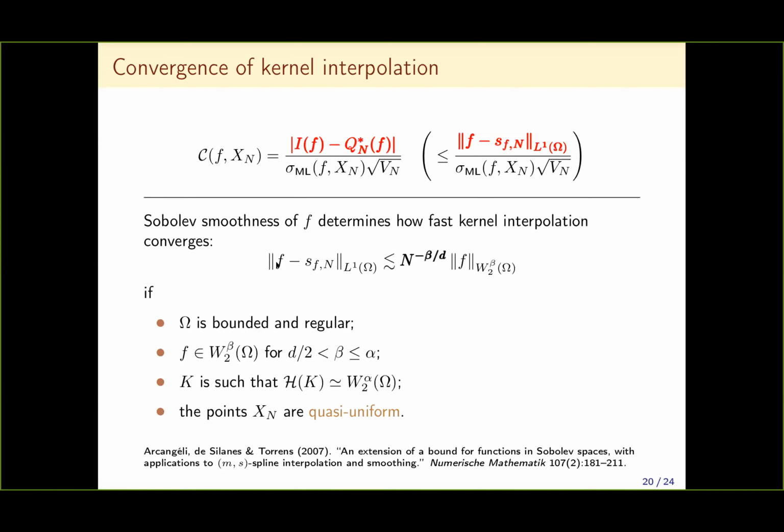In particular, it can be shown that if the function is in the Sobolev space of smoothness beta, beta being not larger than alpha, and our kernel, which determines this conditional mean function here, is such that its RKHS is norm equivalent to a Sobolev space of smoothness alpha, and if our point sequence is quasi-uniform, which means that the bounded domain is covered fairly uniformly, then the conditional mean function converges to the true function with rate n^(-beta/d) in L1 norm.